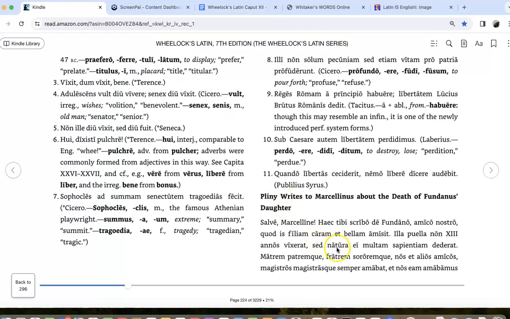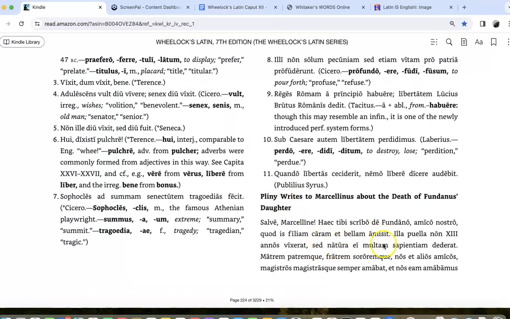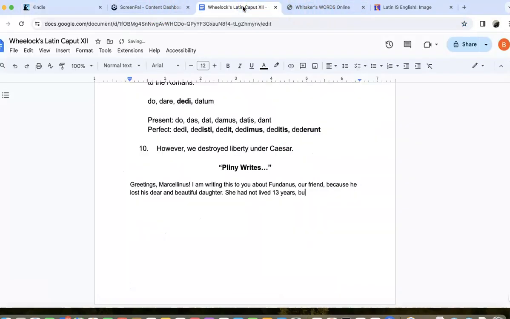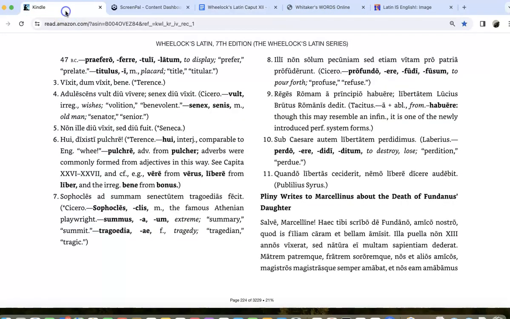But, so probably in English you might say she was only 13 years old. But nature had given to her much wisdom. But nature, actually let me check the verb tense on that one.